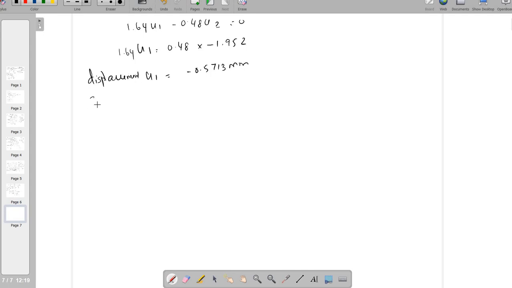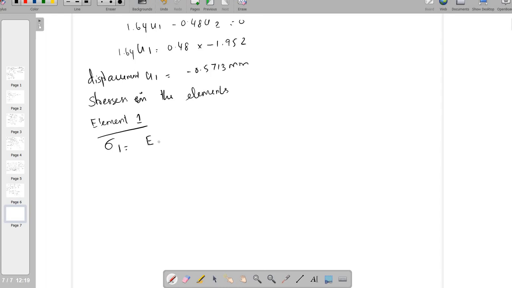So next, the stresses in the elements 1 and 2. Because the displacements can be found out at the nodes, the stresses can only be found out in the elements. So first, element number 1, sigma 1.